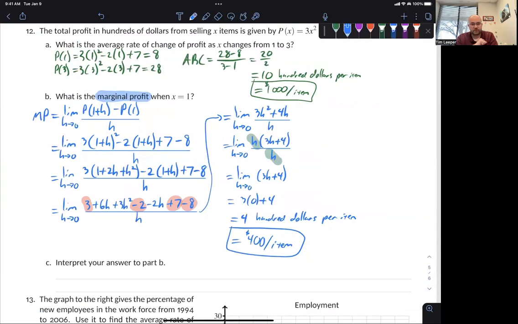Interpret your answer to part B. The answer to part B, this is marginal profit. Now remember, marginal means how much for the next one, basically.